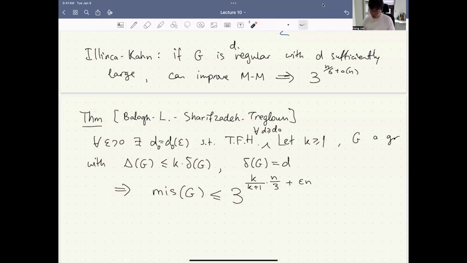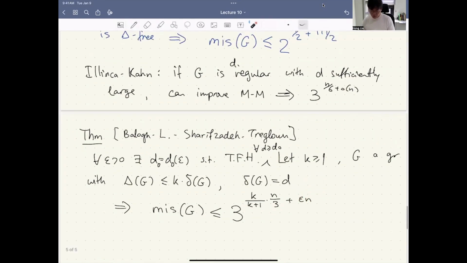So this is just little o of n. The main term is here. If you take k to be 1, that means the graph is d-regular. If it's d-regular with d sufficiently large, this is 1 over 2 times n over 3, which is exactly n over 6. It's this result here.